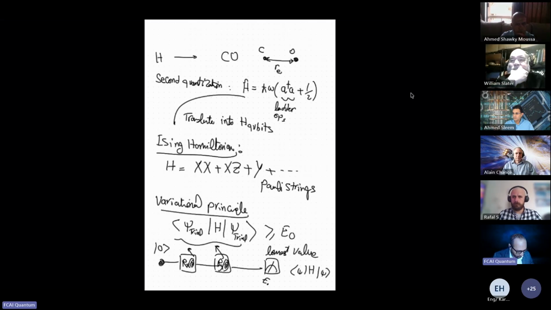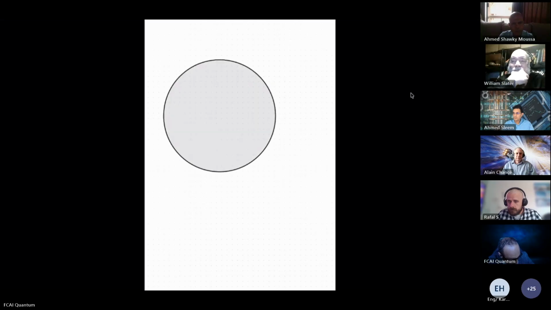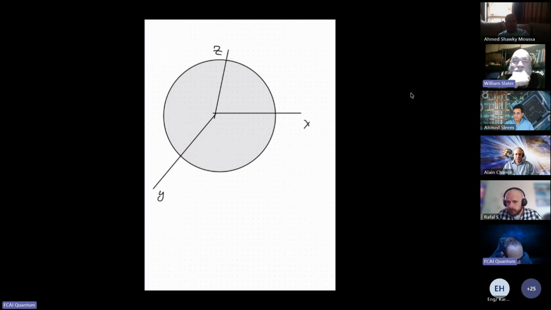So on a quantum computer, it's natural to do this variational principle because I have a rotational gate. And what this rotational gate does on a Bloch sphere, if I have my Bloch sphere like this, then what I do, I have a vector that explores all of my angles here.